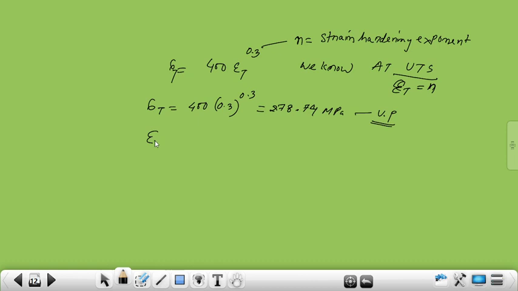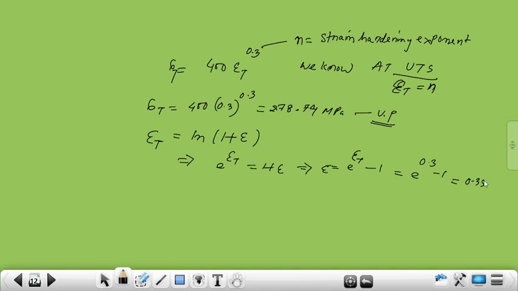We know true strain is equal to ln of 1 plus strain. So taking ln on the left side, e to the power epsilon t is equal to 1 plus epsilon. So epsilon is equal to e to the power epsilon t minus 1, which is equal to e to the power 0.3 minus 1, which is equal to 0.35.